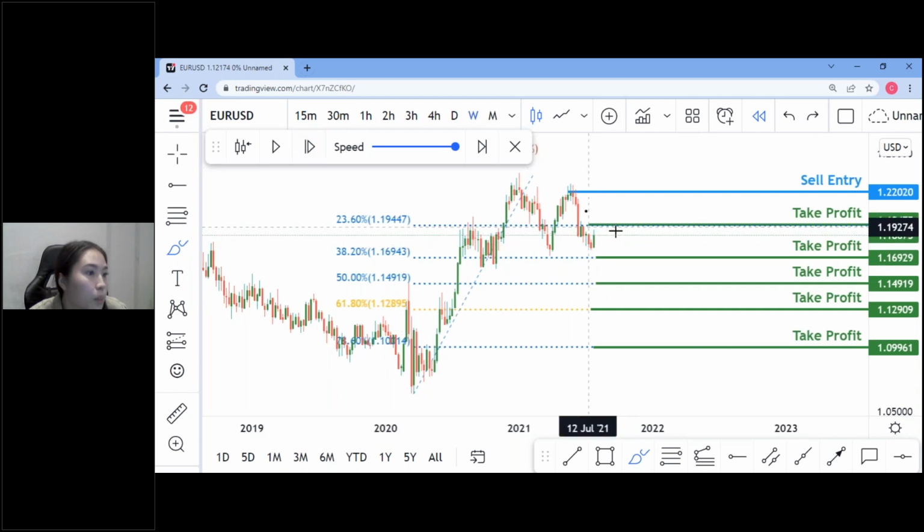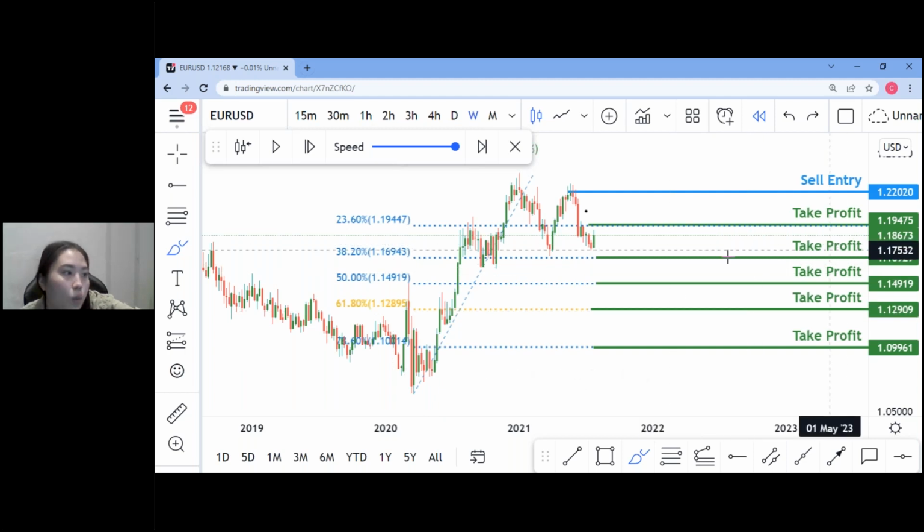Price is moving. Price has broken this first level, which is 23.6%. Right now you're trying to forecast where you think price is going to bounce off next. Does that make sense?